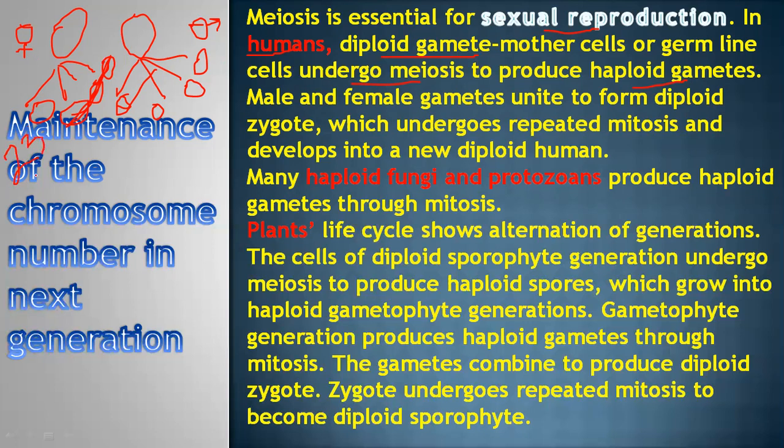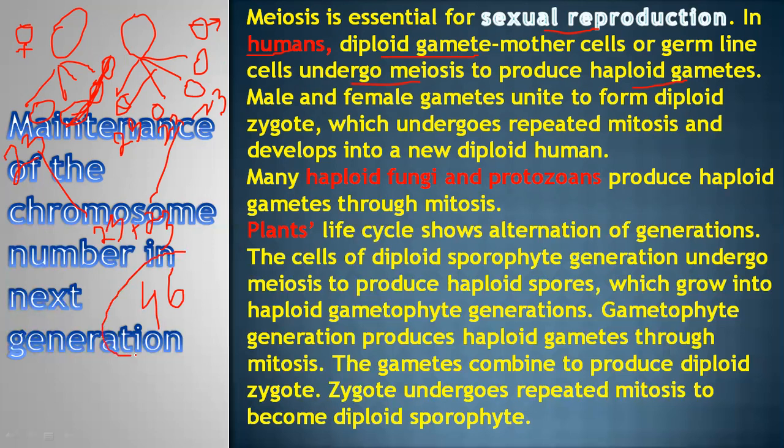When this egg of 23 chromosomes unites with any sperm having 23 chromosomes, it comes here 23, and this comes here 23, so 23 and 23 is 46. That one is haploid, that one is also haploid. When they combine, there will be 46 chromosomes.